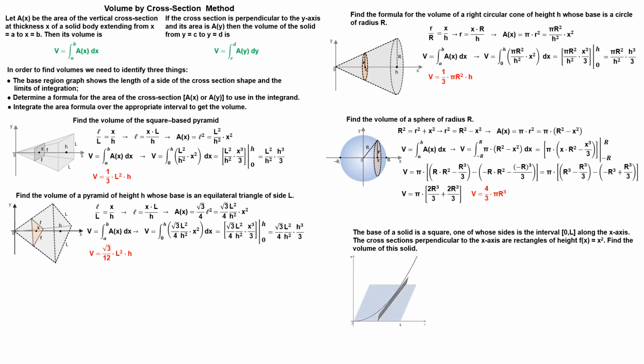For each x, the rectangular cross-section has base L and height x squared. The cross-sectional area is then base times x squared. And the volume of the solid is given as follows.